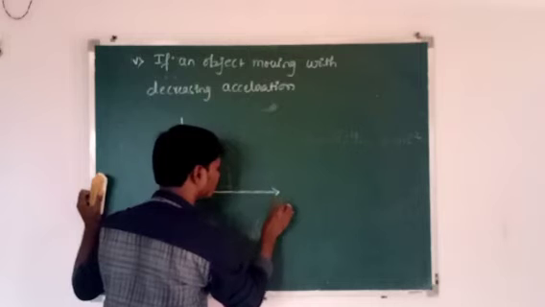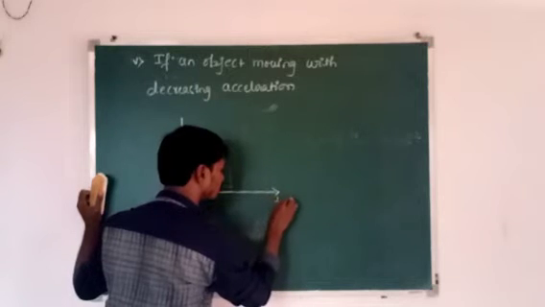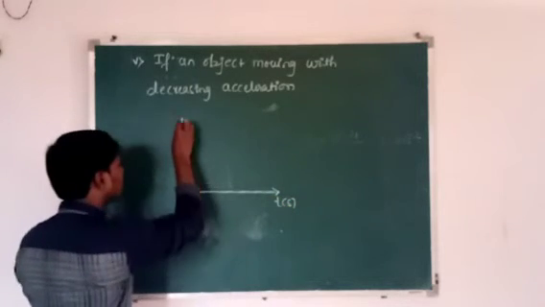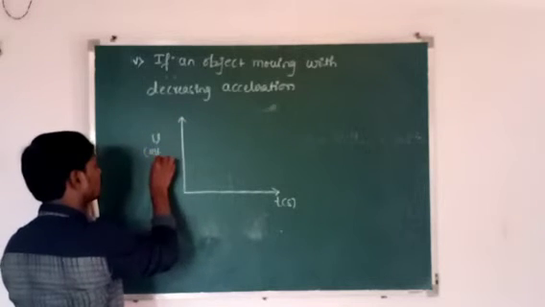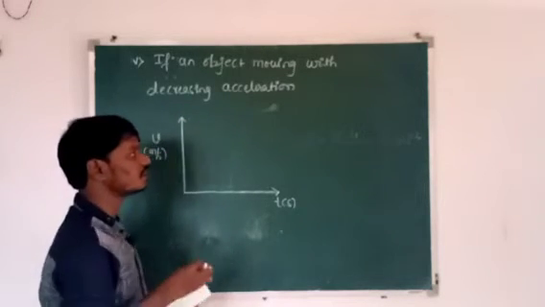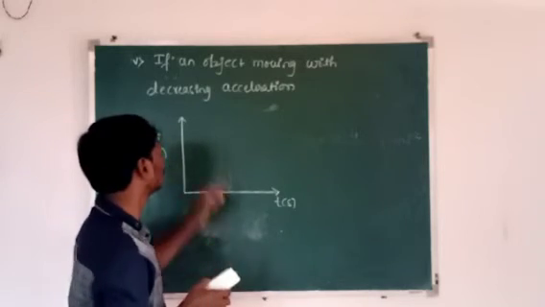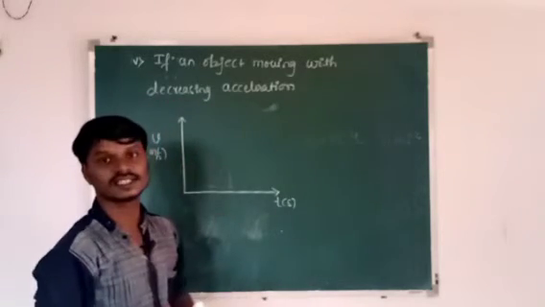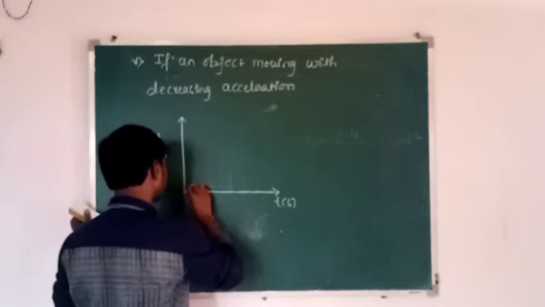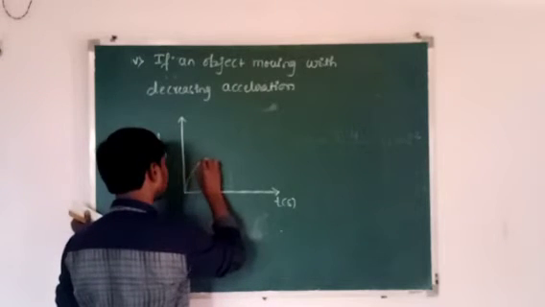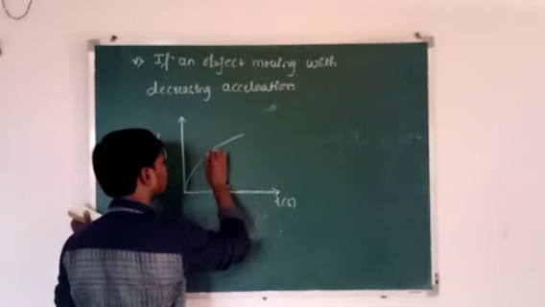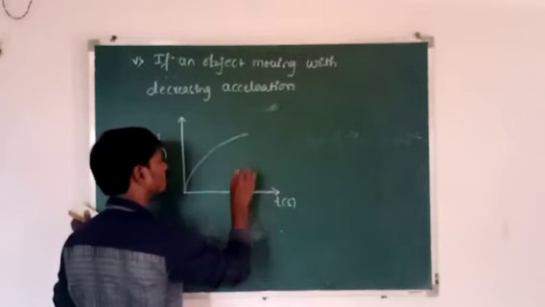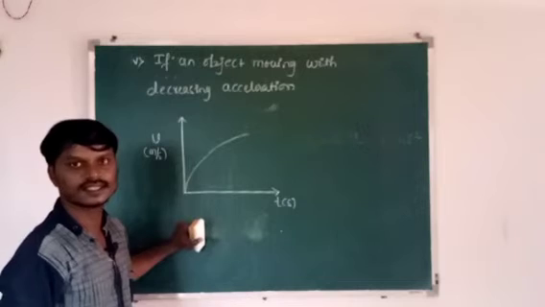Along x we are going to take the time, that is in second, and along y we are going to take the velocity, that is in meter per second. Then what is the nature of the velocity versus time graph if the object is moving with decreasing acceleration? Like this. This is the nature of the velocity versus time graph for the object moving with decreasing acceleration.